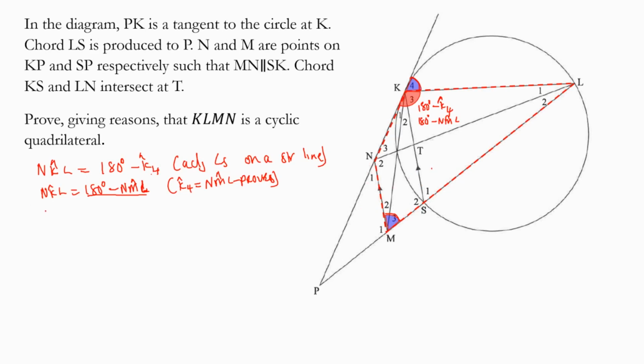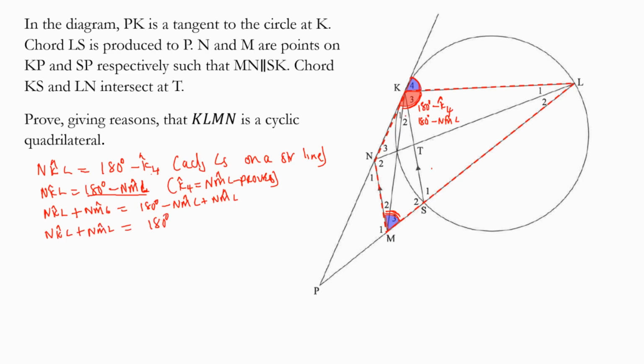So we get that angle NKL plus angle NML is equal to 180 degrees.